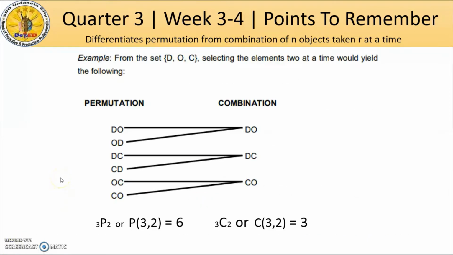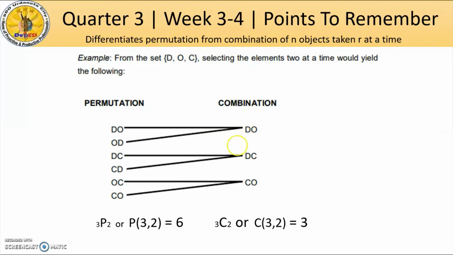We have an example to deepen your understanding. From the set of the letters DOC, selecting the elements 2 at a time would yield the following results. For permutation, DO and OD are counted as two different permutations, while it is only counted as one combination, because in combination, order does not matter.